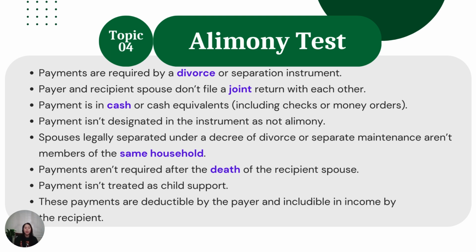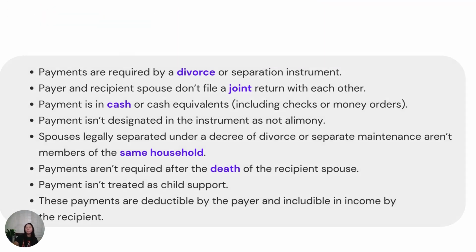These include: payments are required by a divorce settlement or separation instrument, they don't file a joint return, payments are in cash, payment isn't designated in the instrument as not alimony, spouses are legally separated under a decree of divorce or separate maintenance and aren't members of the same household, payments aren't required after the death of the recipient spouse, and payment isn't treated as child support. These payments are deductible by the taxpayer and includable in income by the recipient. All right.